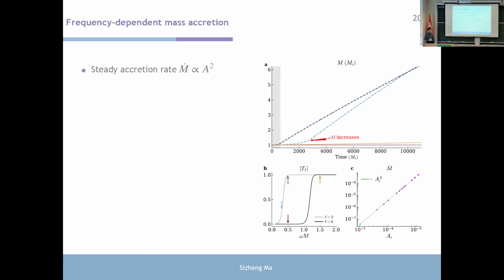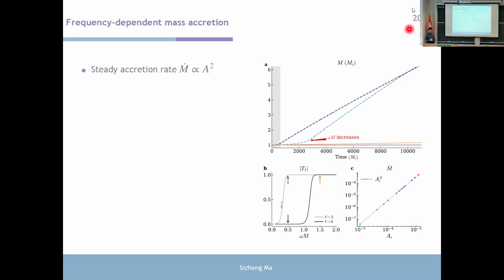Okay, so the first obvious nonlinear phenomenon that we saw is the frequency-dependent mass accretion. This top panel shows how a black hole mass changes with time. Let's first look at this dark blue curve. In this case, we can see that the mass grows linearly in time, which implies that the black hole enters a steady accretion state.